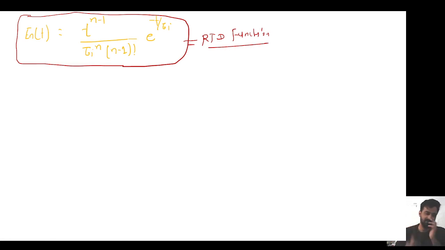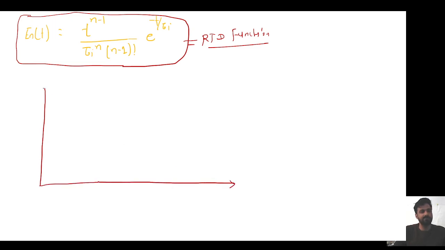Now try to understand one thing, my dear friend. What is happening? The mechanism is very important over here. I am letting you know with the help of the graph. Then it will be very easy to visualize. So if it is E(t) versus t plot, when n is equal to 1, the plot will vary like this.